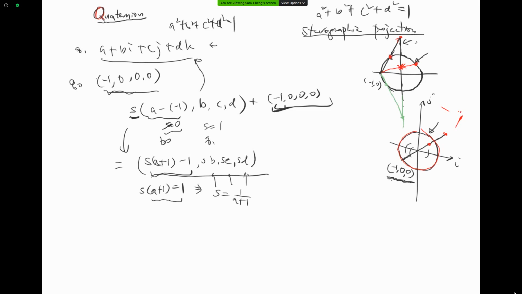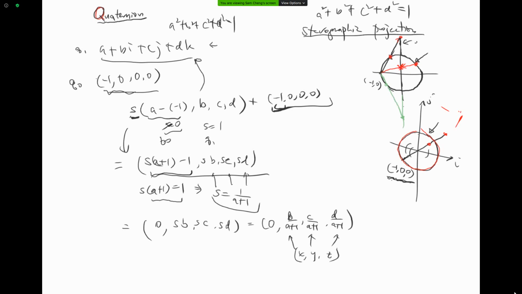So when s equals 1 over a plus 1, I have basically 0, sb, sc, sd, or 0, b over a plus 1, c over a plus 1, and d over a plus 1. And these are the 3D coordinates x, y, z here.